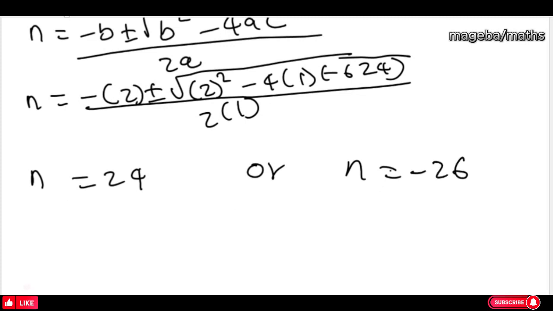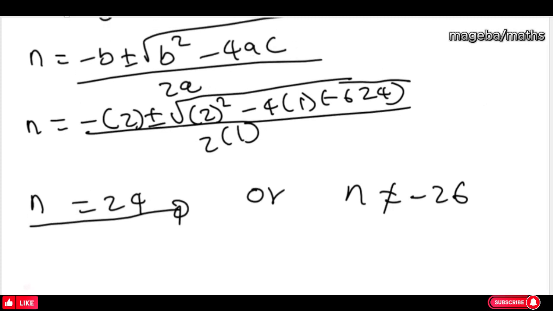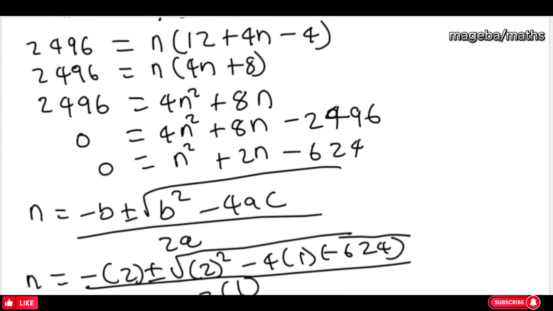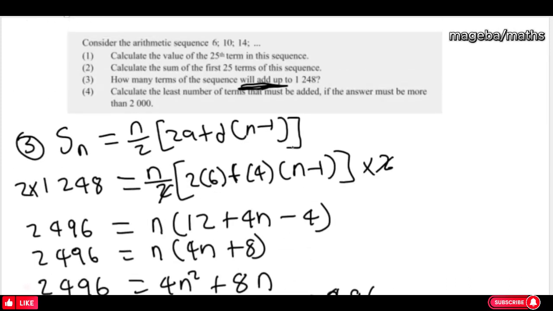Remember, the number of terms cannot be negative, so the number of terms that add up to 1248 is n equals 24. So there are 24 terms that add up to 1248.